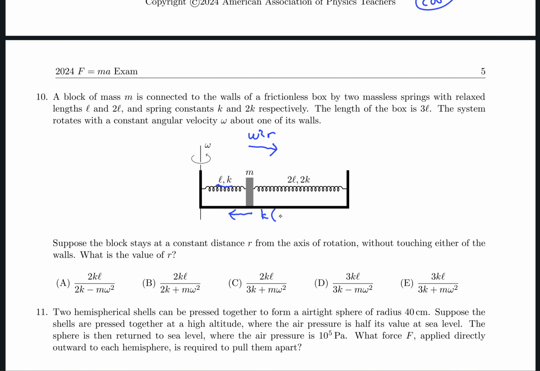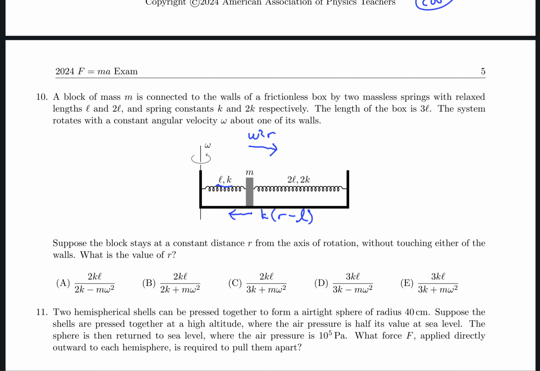So the displacement from equilibrium is r minus L. Similarly, for this one, it's the same displacement from equilibrium, but now it's 2k because it has twice the spring constant, r minus L again, because the equilibrium is still at L.